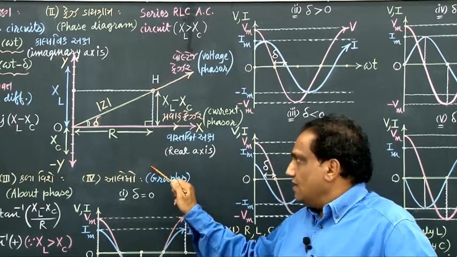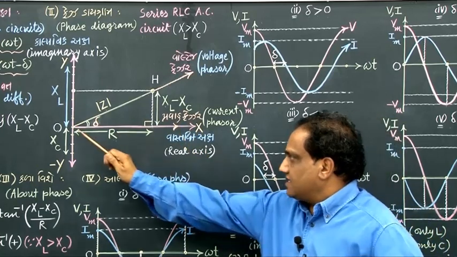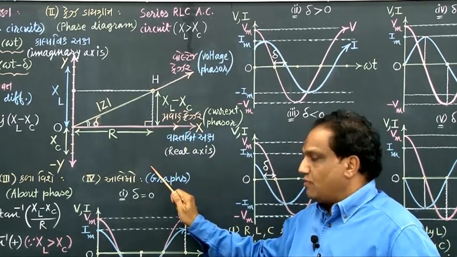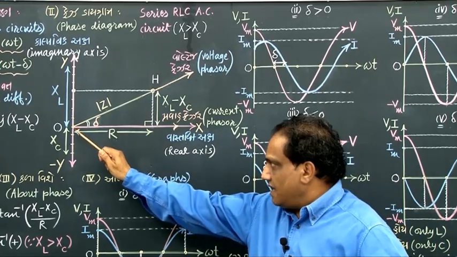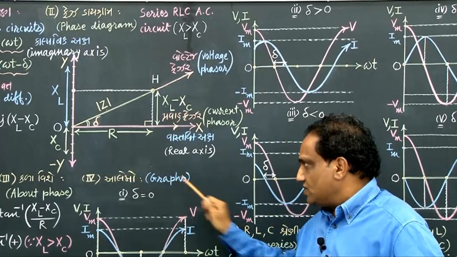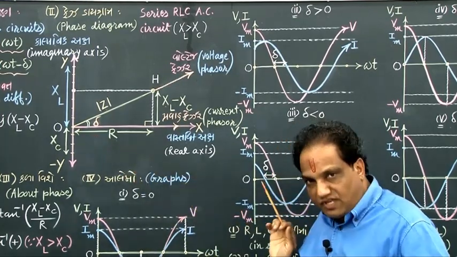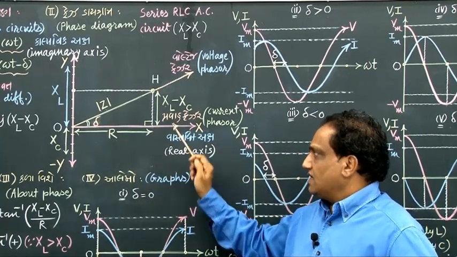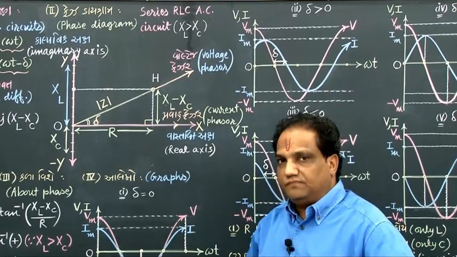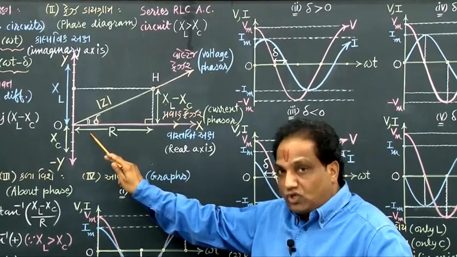Fine. Now tell me, the current phasor is always to be shown on the positive x-axis, but if here is the point H, then you can just join it with origin O and find ray OH. That ray OH will give you the voltage phasor. This is the current phasor, and the angle between voltage phasor and current phasor you refer in the notes. That angle is delta, but the delta appears in the 4th quadrant.